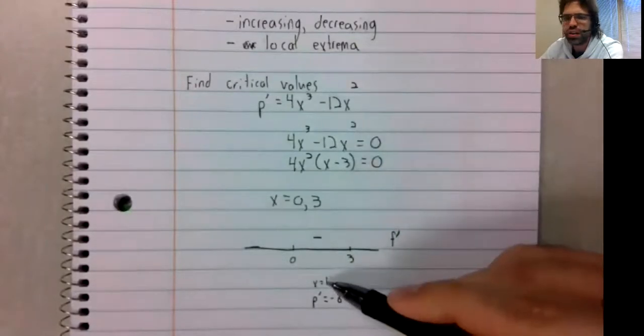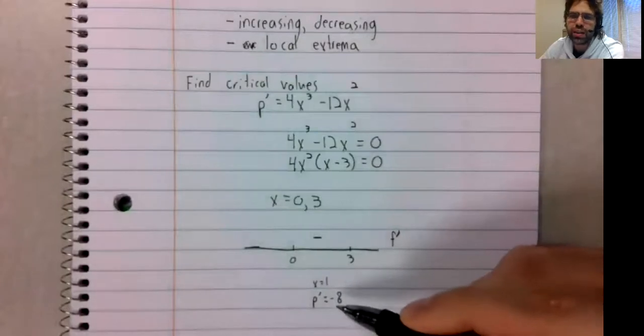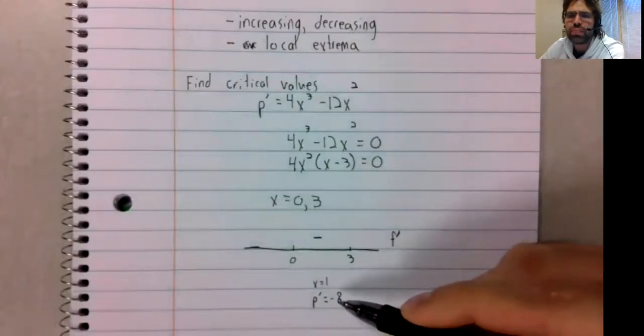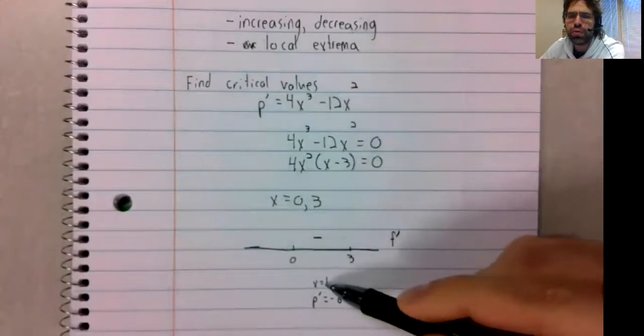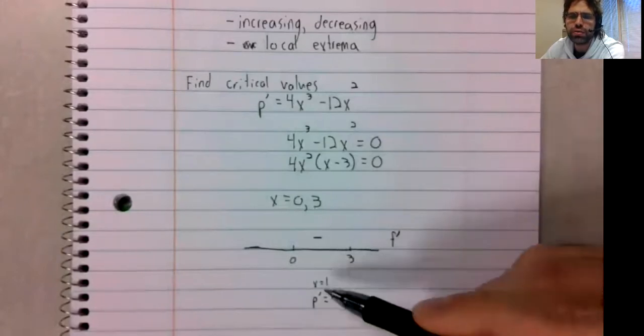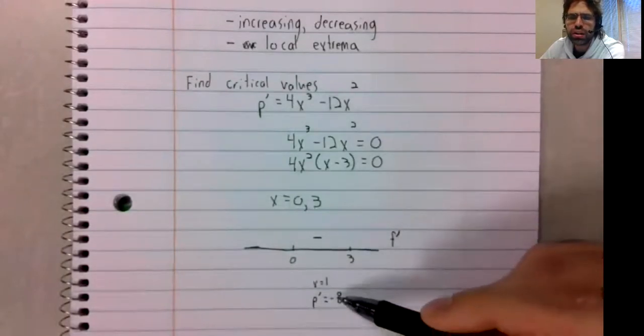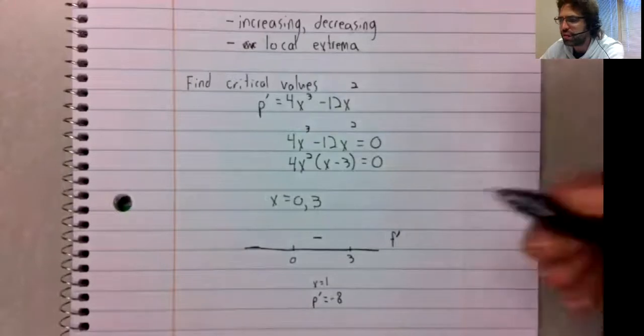And the 1 doesn't matter, and this doesn't really matter either. The only thing that matters about the 1 is that it's between these values. The only thing that matters about the negative 8 is that it's negative.